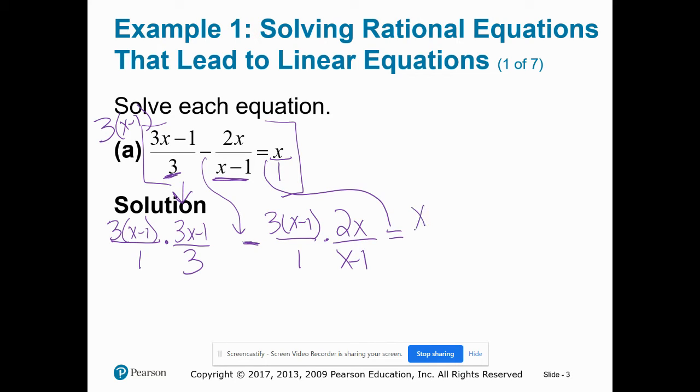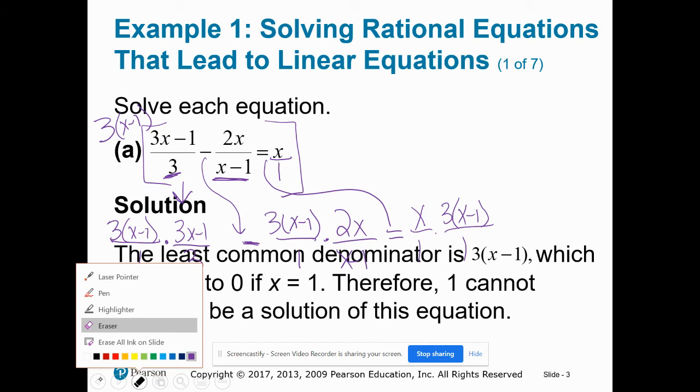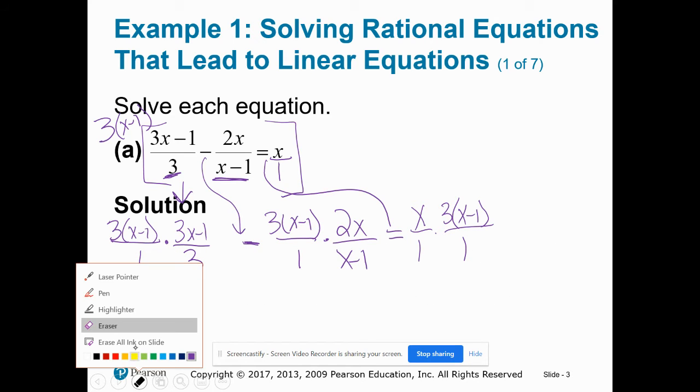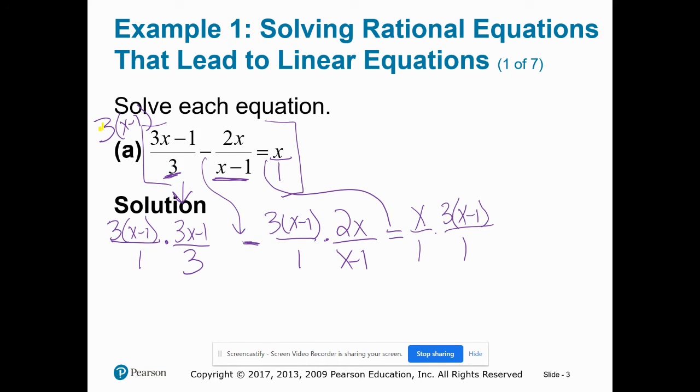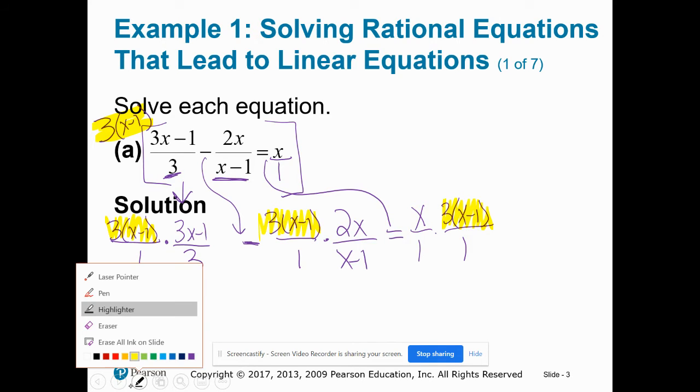And then we have our x over 1 times 3 times x minus 1 over 1. So we have this exact same value here, here, and here. Okay, we multiplied by that value.